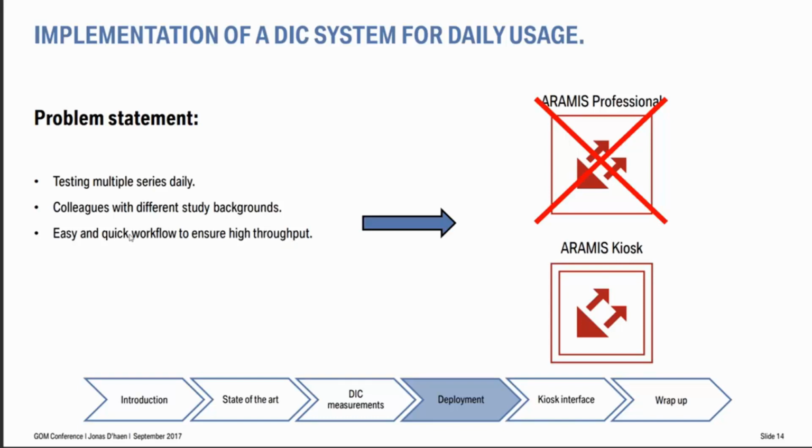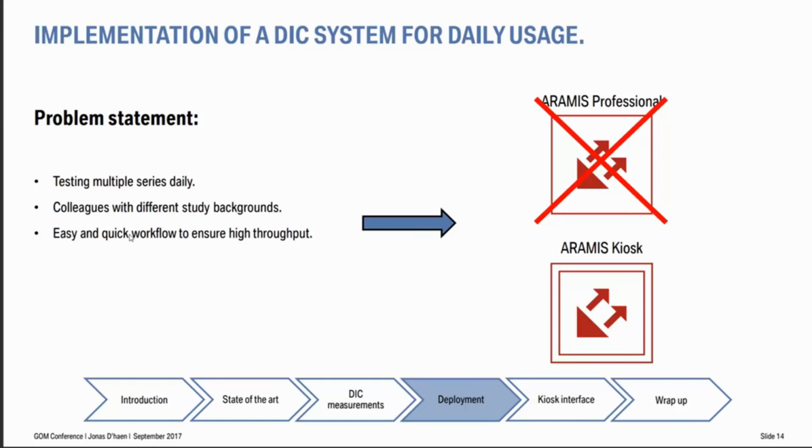The operation should be possible for multiple levels of education and study backgrounds. Many users should be able to perform those tests. Not everyone should be a power user of the RMS system. And this is where the kiosk mode comes into play. The kiosk mode is a reduced surface of the RMS Professional that only gives you a very limited amount of buttons to click.